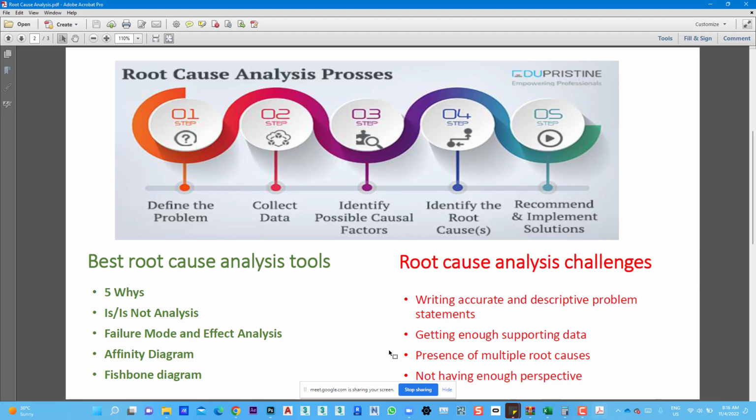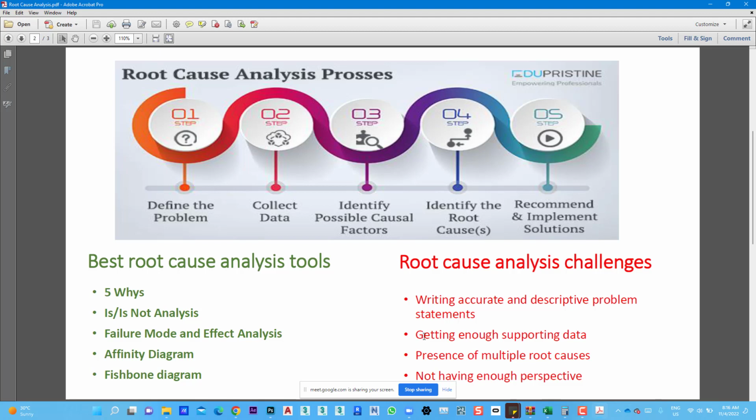And getting enough supporting data, because without data we can't do it. So we need to get sufficient data to step into the root cause analysis. As mentioned above, defining the problem and collecting the data is the second step, which is more important. And the presence of multiple root causes.